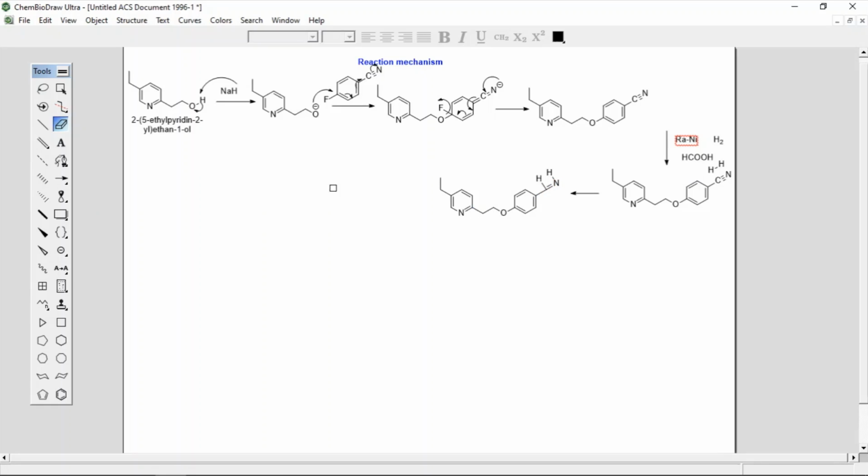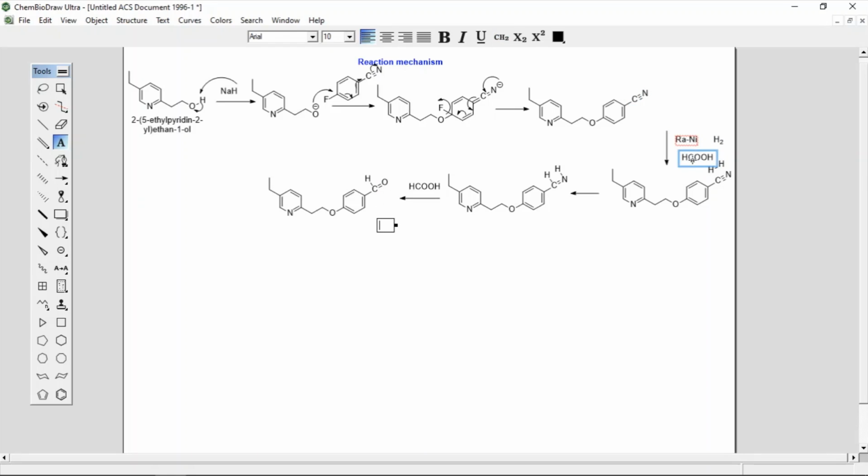Now HCO, we get this aldehyde. So the role of this Raney nickel and H2 in presence of formic acid is that it converts the C triple bond into the aldehyde functional group.